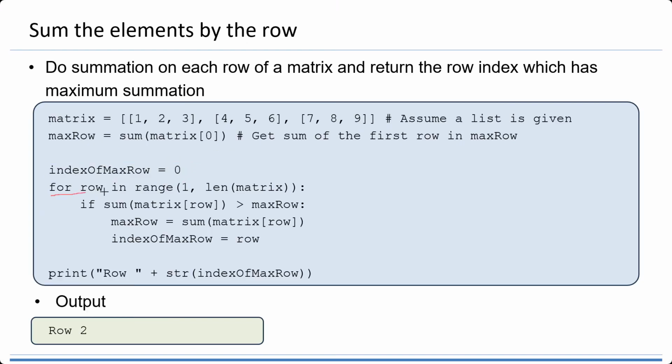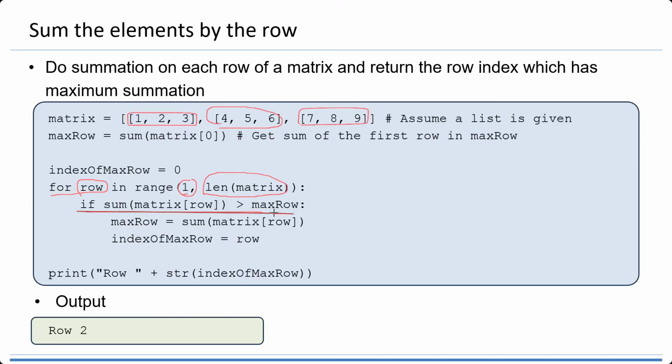We do the loop for every row. So for every row means I'm using row index 0, row index 1, row index 2. And this will be from index 1 until the length of the matrix. Why does it start from 1? I will check this code.